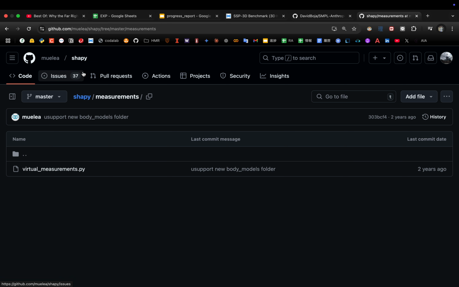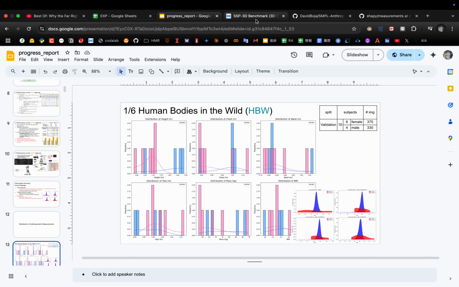Sharpie is the paper, and the author of Sharpie also provides HBW at the same time when their paper was published.